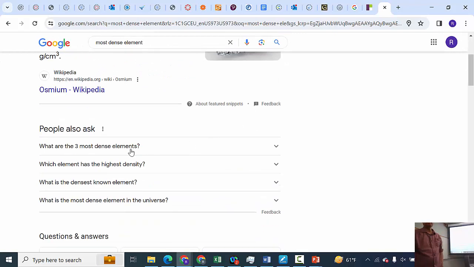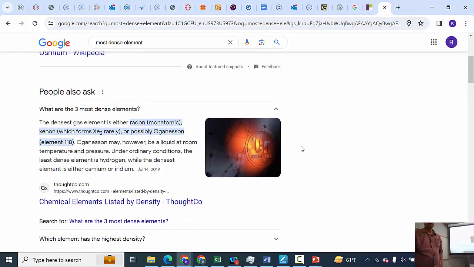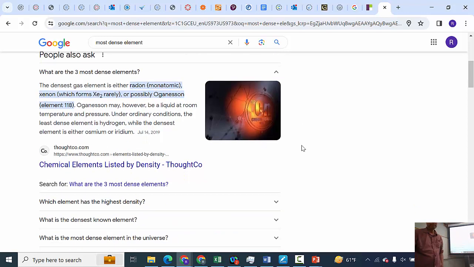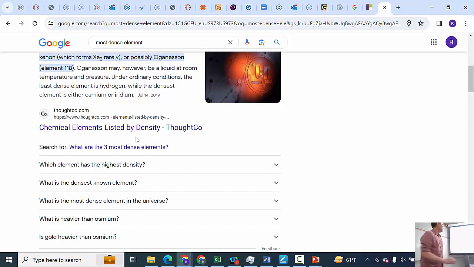What are the 3 most dense elements? These are gases. I don't want gases. Here they say, while the densest element is either osmium or iridium. Well, what do they mean either? It's one or the other, isn't it?